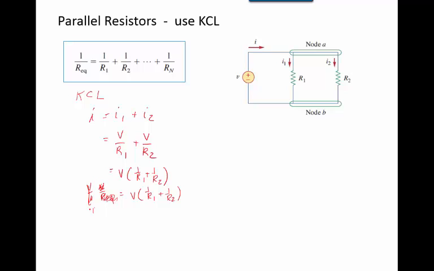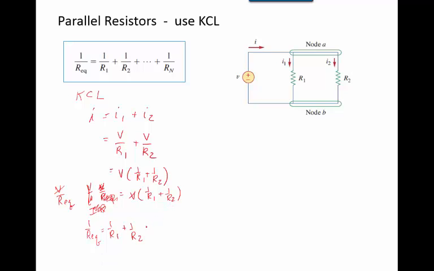I was supposed to say I times R equivalent. I had it right the first time. Then you cancel out the V's. 1 over R equivalent equals 1 over R1 plus 1 over R2.